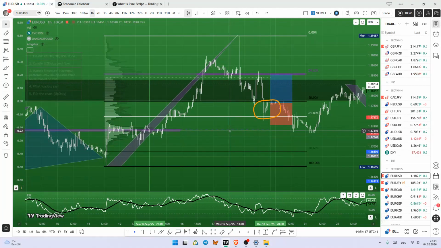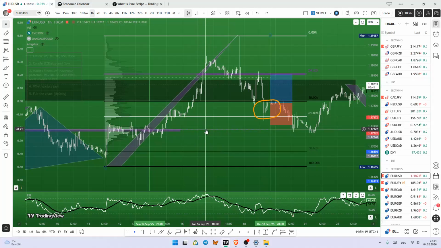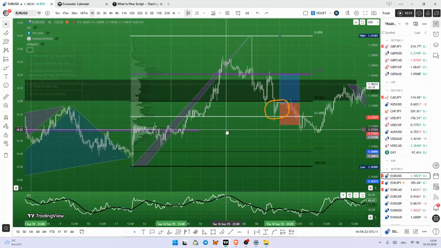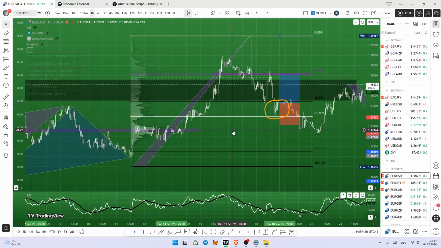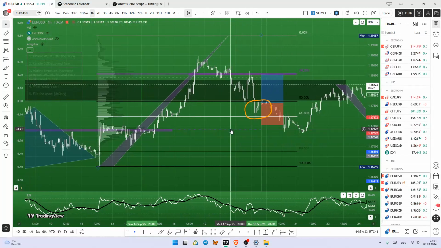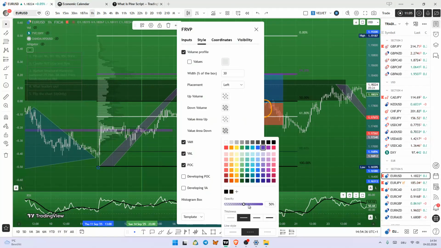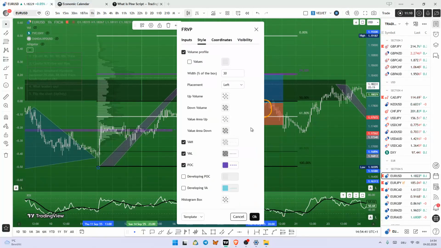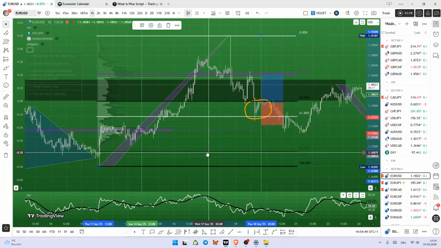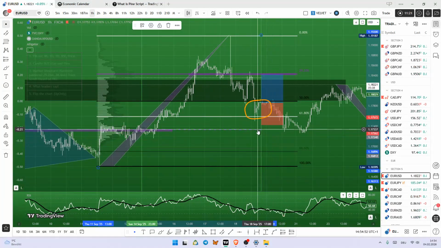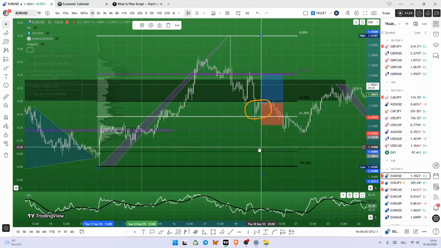And for some reason, the price bounced from VAL to VHL or VAL. Yeah, VAL. I should probably be making this less transparent, then we would probably be more informed.